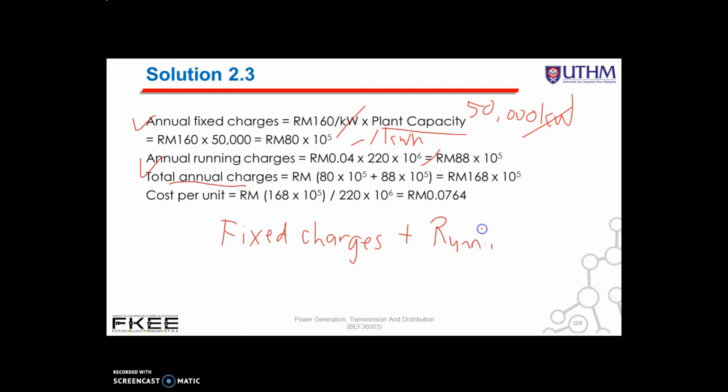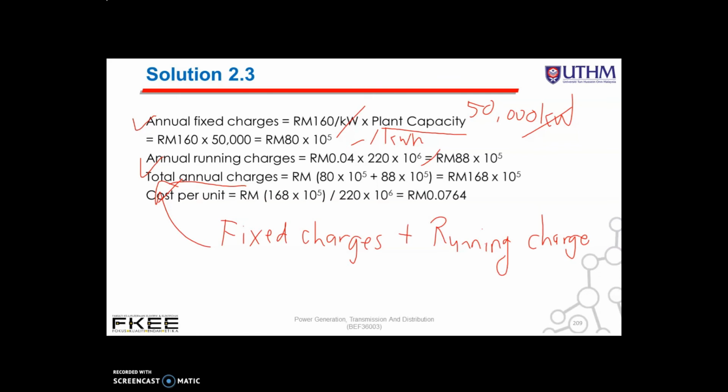So in this example, there is no semi-fixed charges. Okay, so this is the total annual charges. You just add them, and then you get RM 168 times 10 to the power of 5 for the total annual charges. After that, you can calculate the cost per unit.